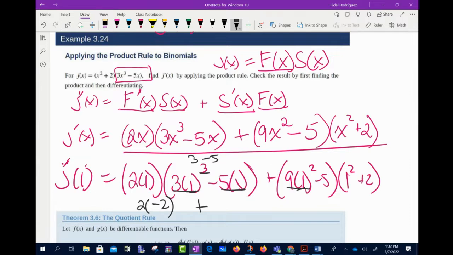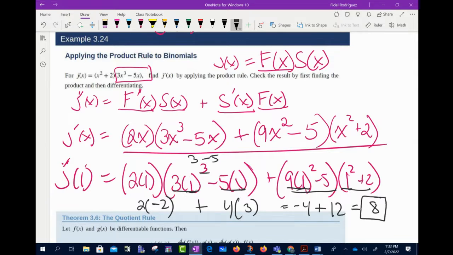What's 1 times 9? 9. What's 9 minus 5? Boom. What's 1 squared? 1. What's 1 plus 2? Okay. Question. What's 2 times negative 2? Negative 4. What's 4 times 3? 12. Negative 4 and 12 is going to give me 8, right?